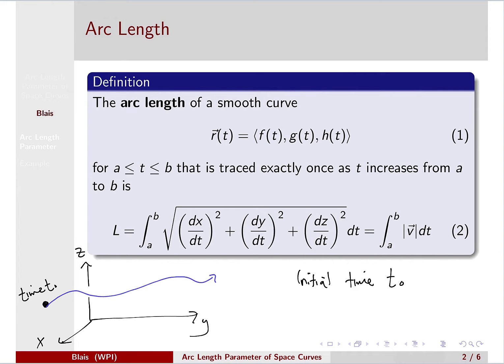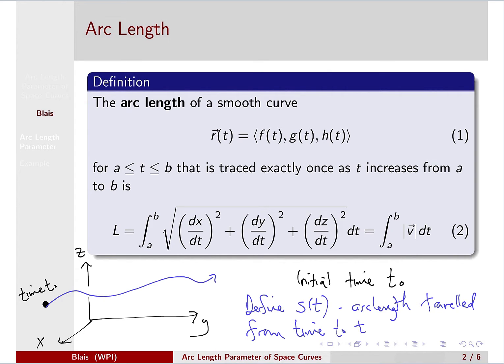But what we want is to define a new function, s of t, which will give us the arc length traveled by this particle from time t naught to time t.